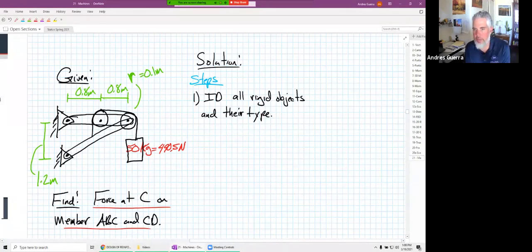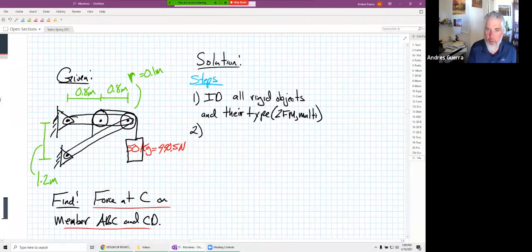And so the type just means, is it a 2-force member or is it a multi-force member? So that's what we're talking about there. All those rigid objects give us possible FBDs.